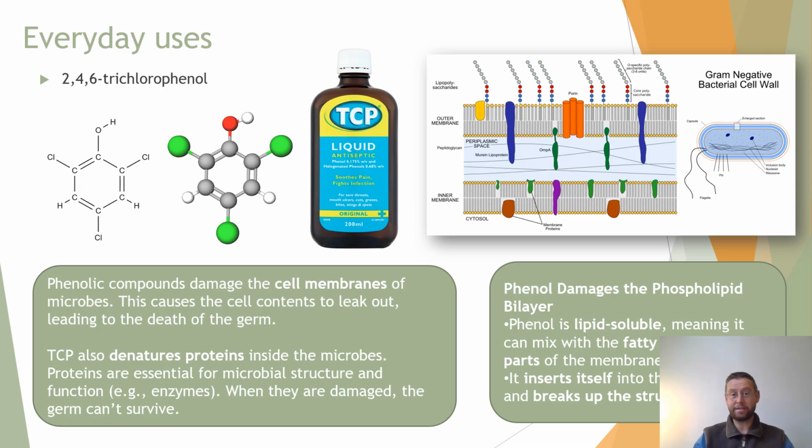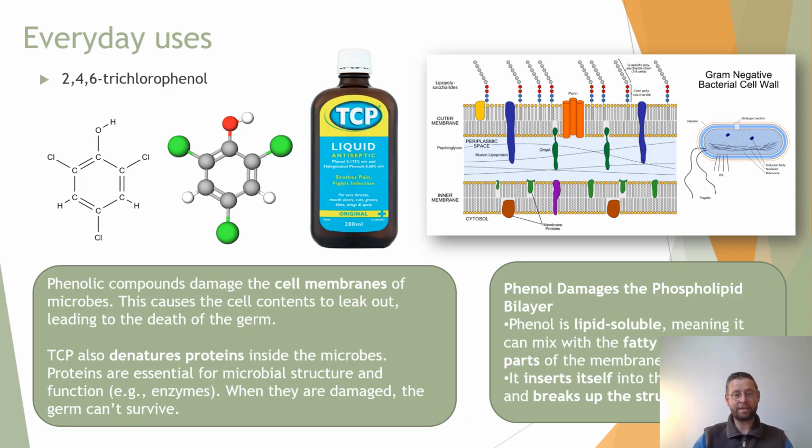Well, how this works is it's a phenol structure, so it's an aromatic ring with the OH group attached, and then in the 2, 4, and 6 position on that ring, we have chlorine atoms, and it forms this 2,4,6-trichlorophenol, TCP. Now, how it works is that this phenol is actually lipid soluble.